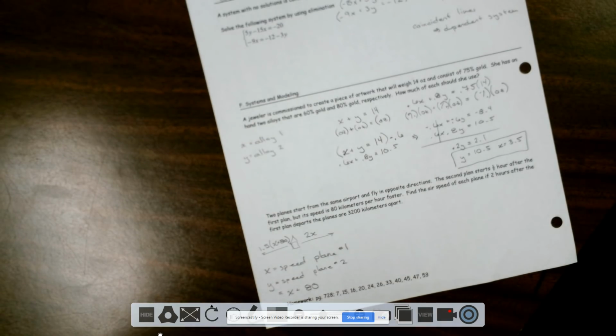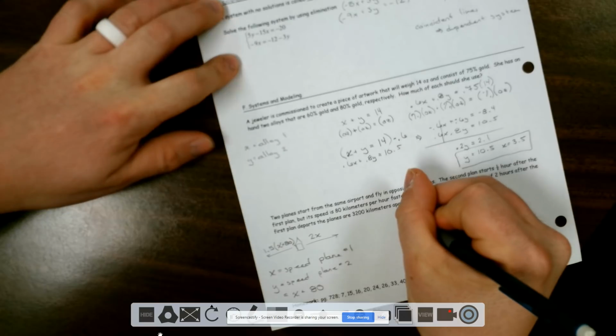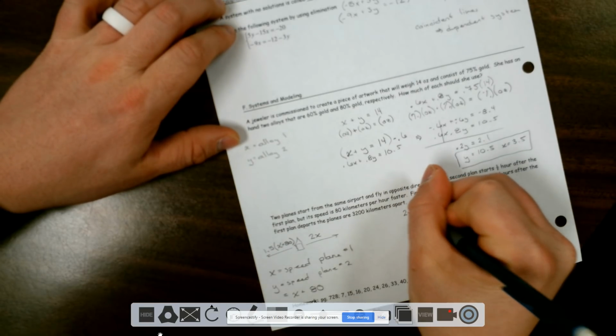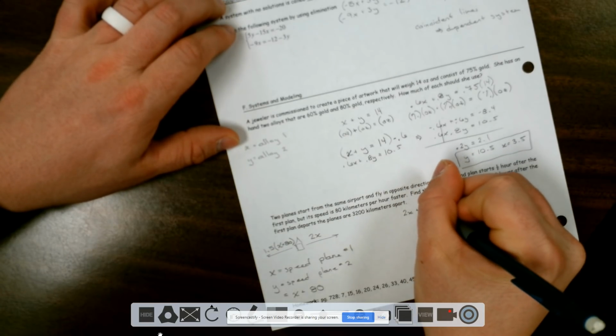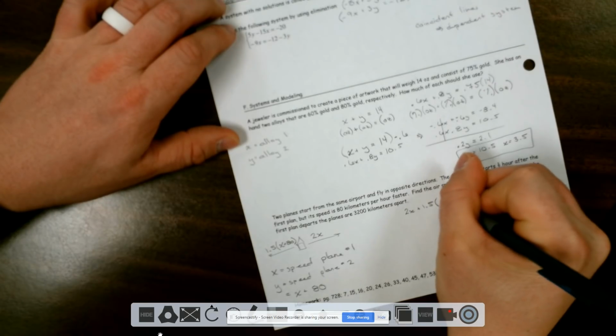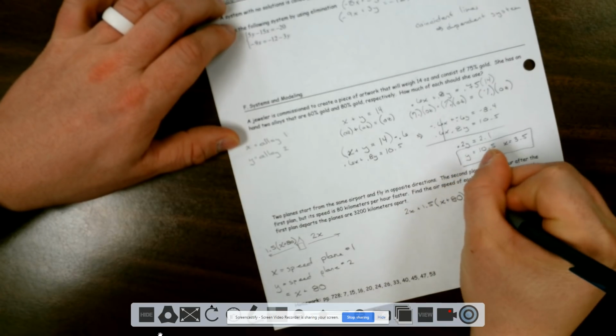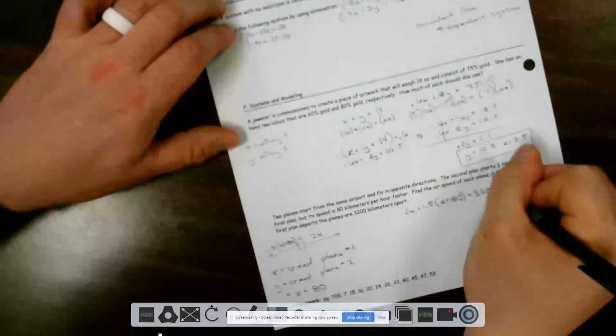So at the end of 2 hours, their distance apart, 2x plus 1.5 times (x plus 80), is going to be equal to 3,200 kilometers.